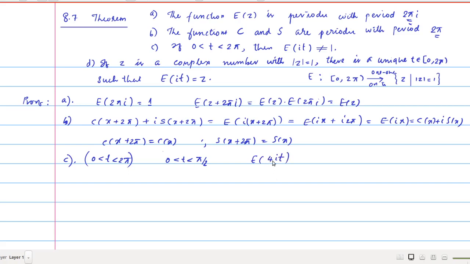When t varies over this interval, e of 4it will give the values of e of it where t varies over the original interval.